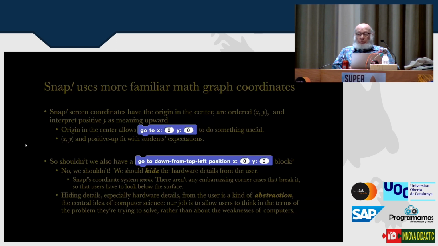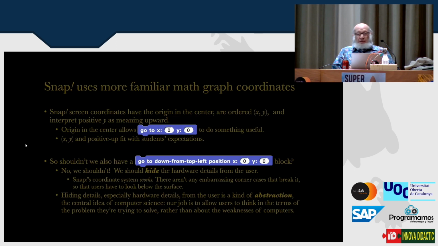And the answer is no, we shouldn't. I'm starting with a clear, unambiguous case. Nobody's going to disagree with me about this, not even Jens, right? We should hide the hardware details from the user. We can hide the details from the user because our coordinate system works.